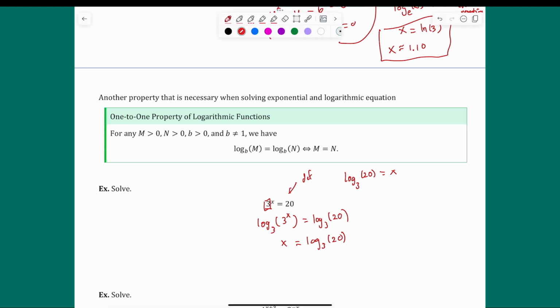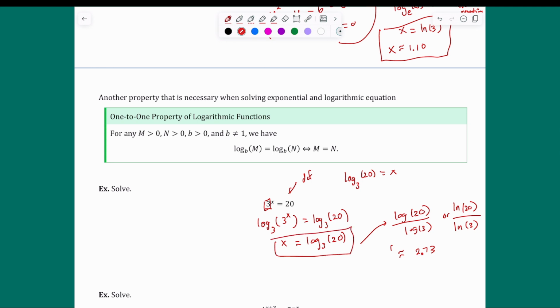However, we could always use the change of base formula to write this as log base 10 of 20 over log base 10 of 3, or even ln of 20 divided by ln of 3. In either case, if you need an approximation to this, this would be about 2.73 if you took a calculator and computed those. All right, so basically x is equal to log base 3 of 20, or approximately 2.73.